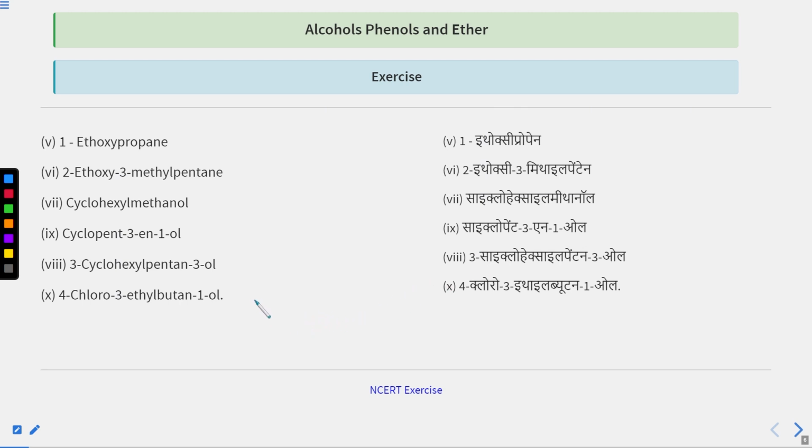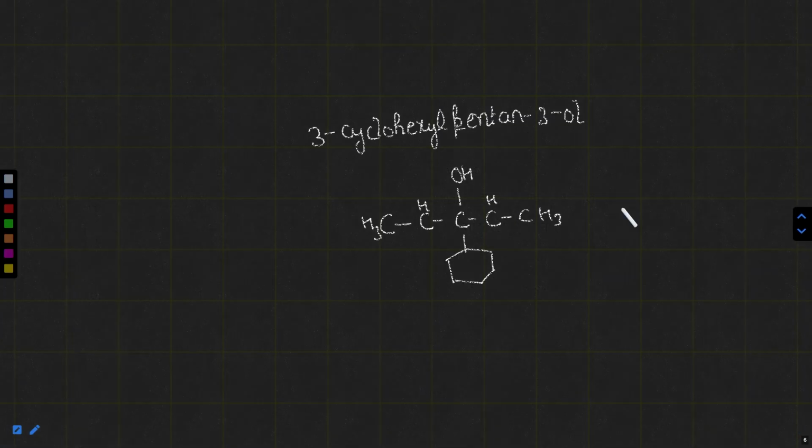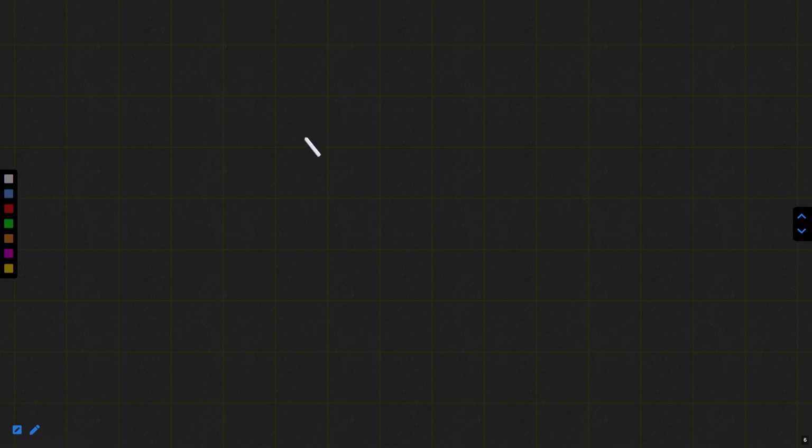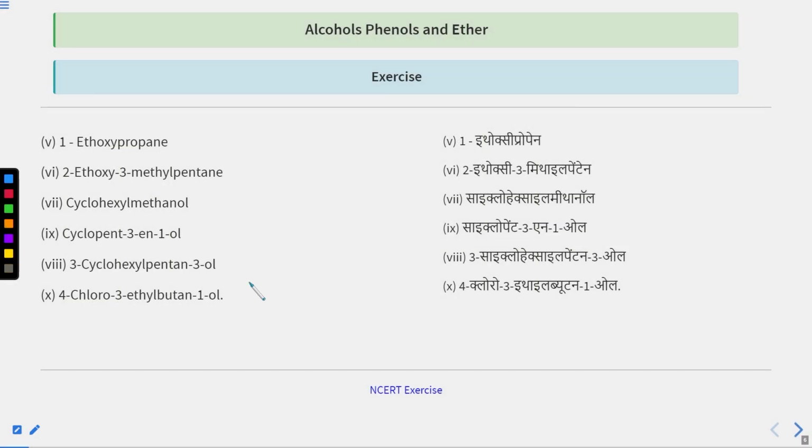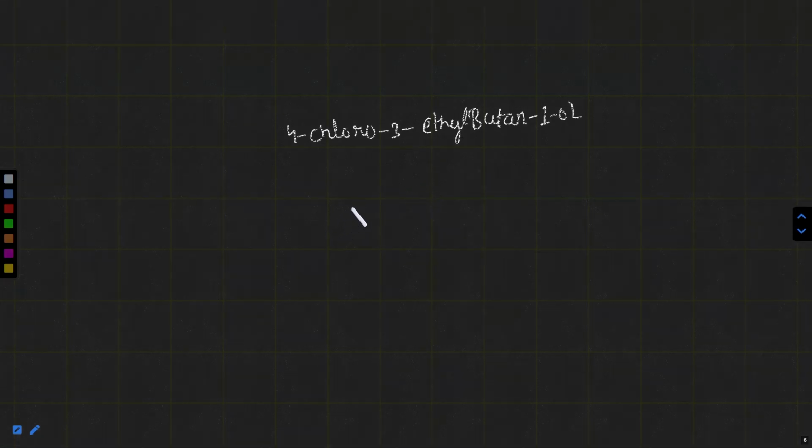10th question, 4-chloro-3-ethylbutan-1-ol. This is the name. Yes. So butane, so 4 carbons.